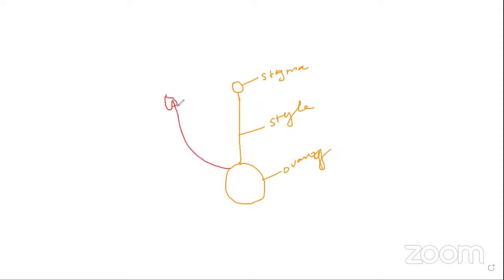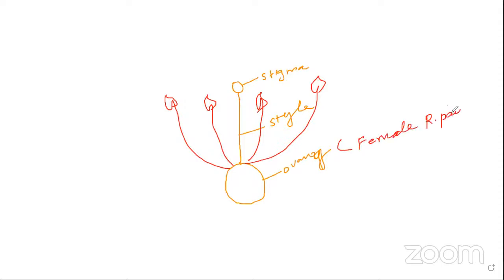It may vary depending on the plant. This one is called the female reproductive part, and this one is called the anther, otherwise called the male reproductive part.